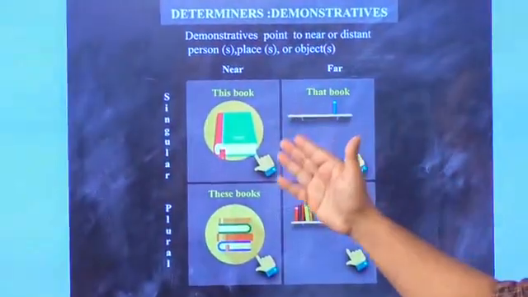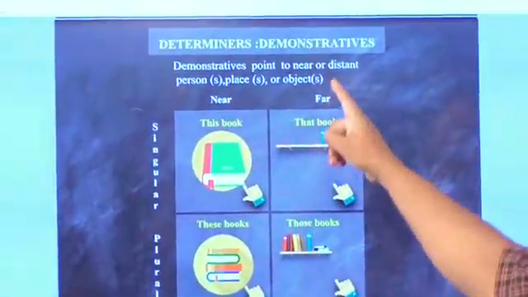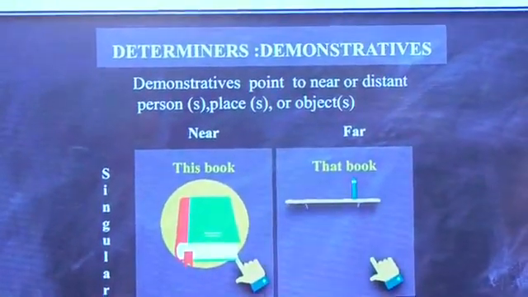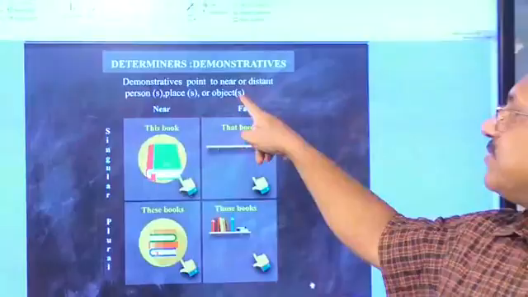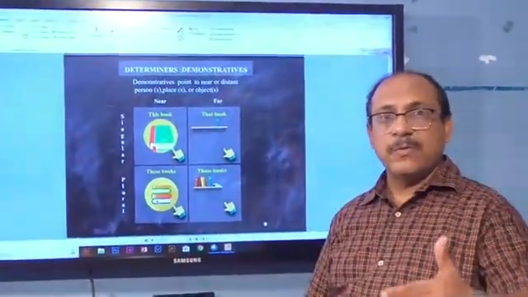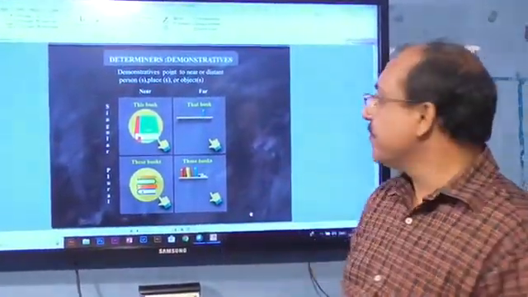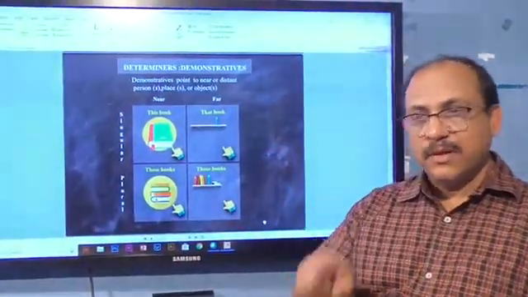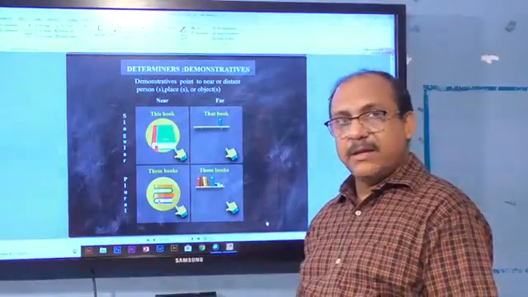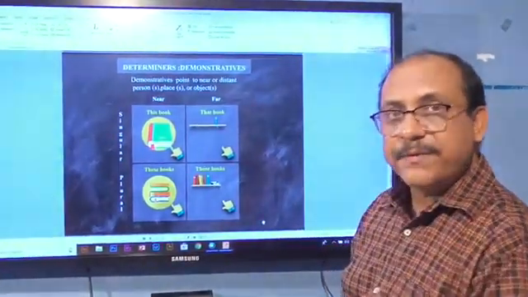Now we have the third type of determiners. This is demonstrative. Demonstrative means it will point to near or distant person, place or objects. It will show nearness or farness. This is a very common word. This means something kept very near to me.